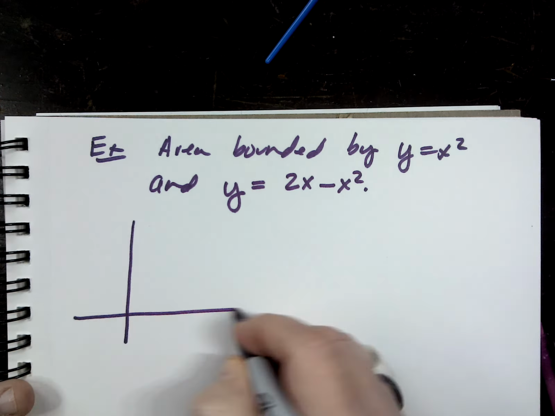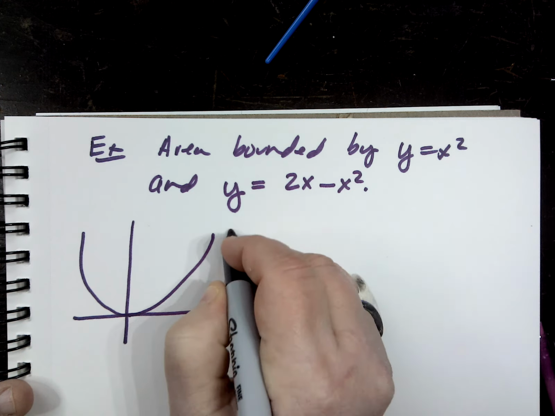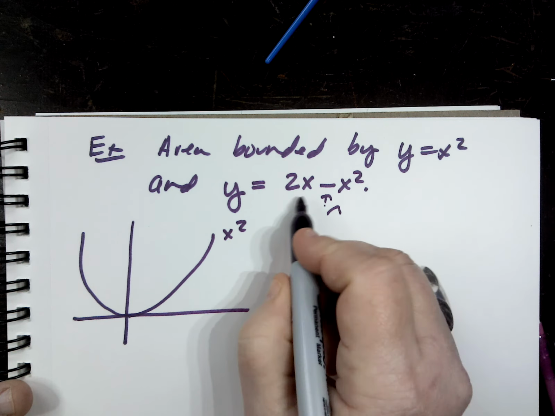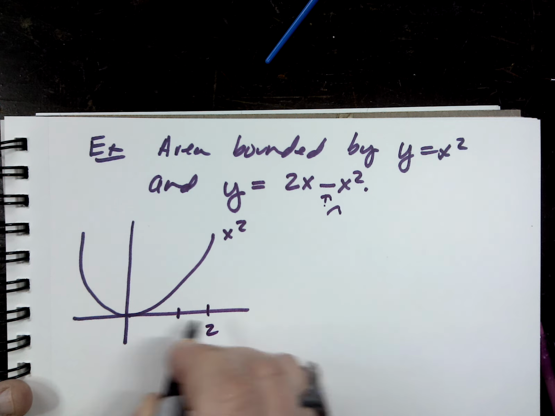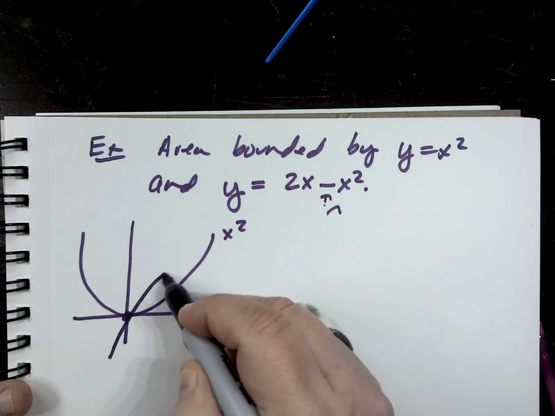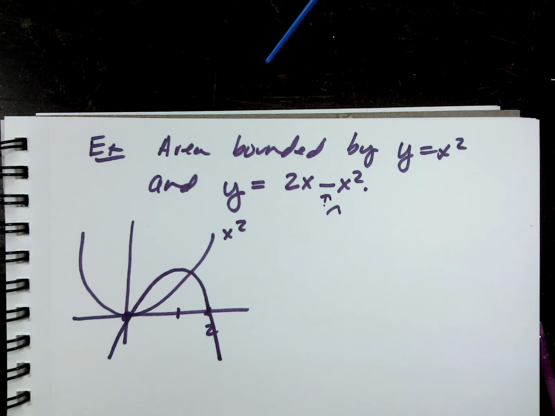So drawing this, x squared looks something like that. This means the parabola is facing down. It's going to go through 2 and 0. So there's my picture.